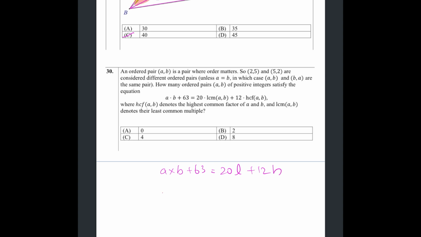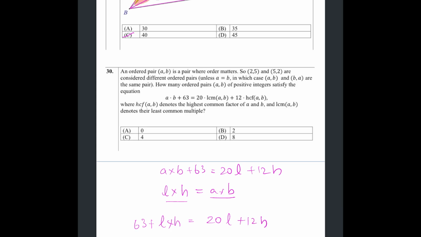But we also know that LCM into HCF is equal to the product of two numbers. So we can replace A into B with L into H. So 63 plus L into H equals 20L plus 12H.